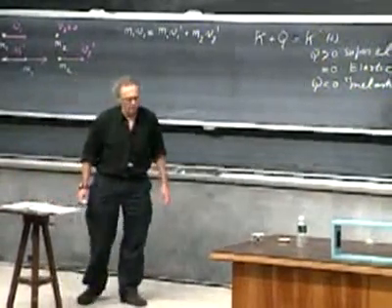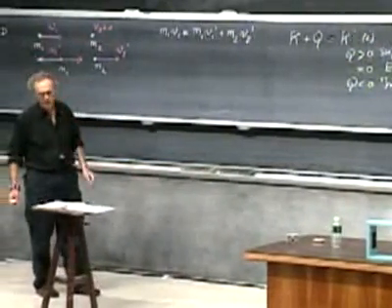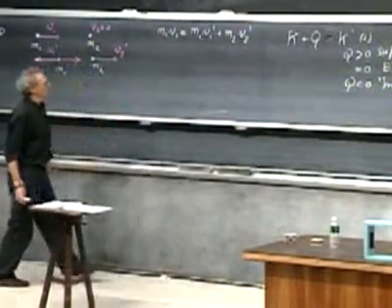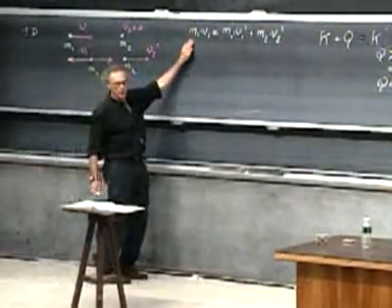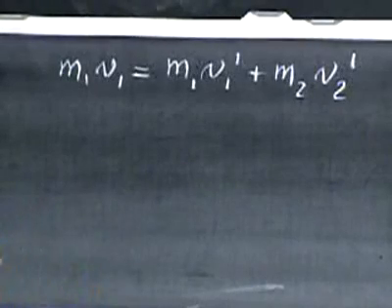Now I want to continue with a case whereby I have a completely elastic collision. So Q is 0. Momentum is conserved because there was no net external force. So now kinetic energy is also conserved.